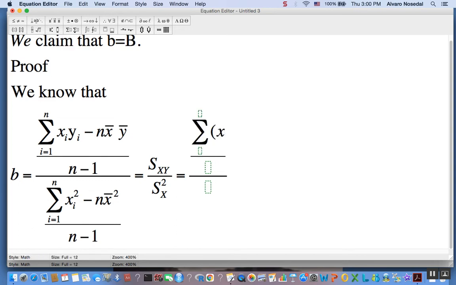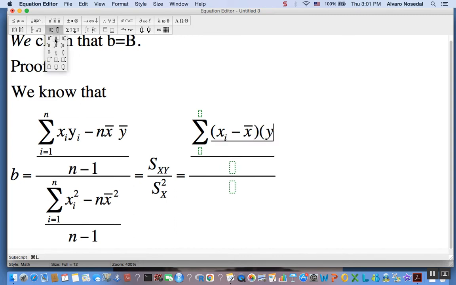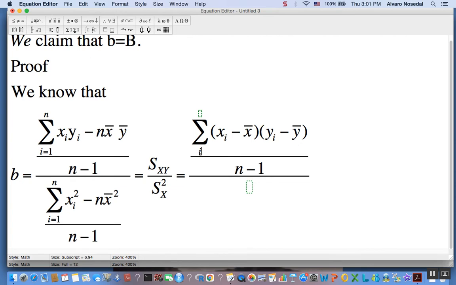The summation of xi minus x bar times yi minus y bar, divided by n minus 1. That's just the definition. Okay? The one that you had here is the alternative formula.